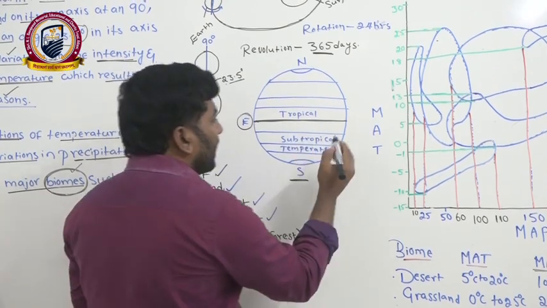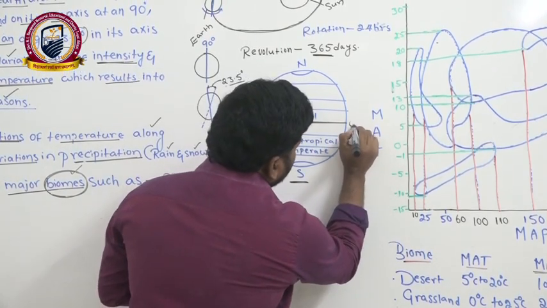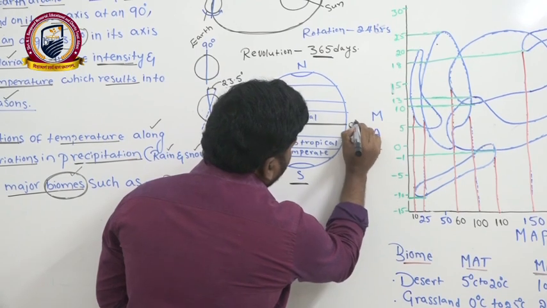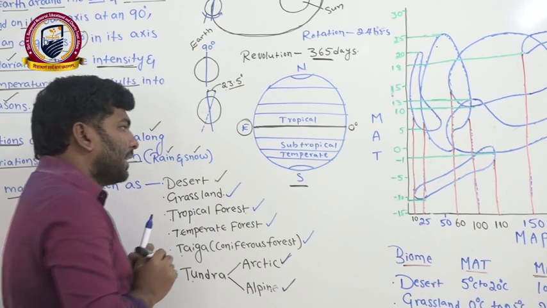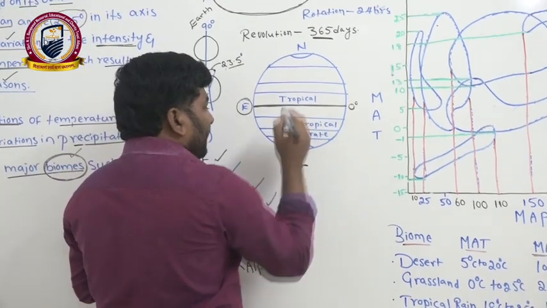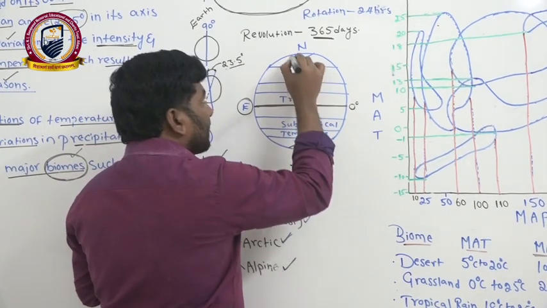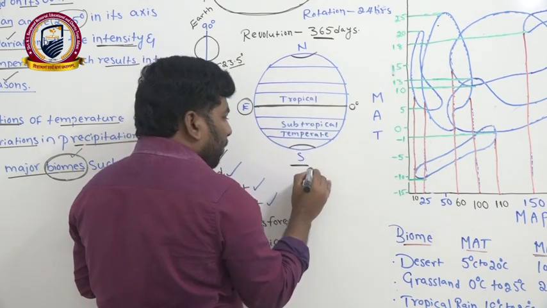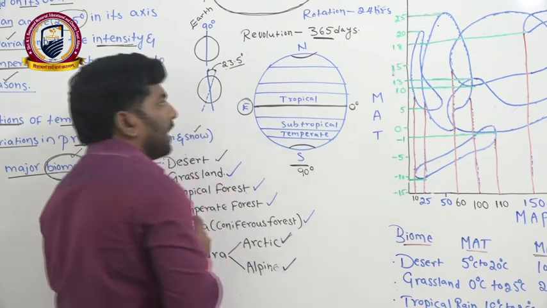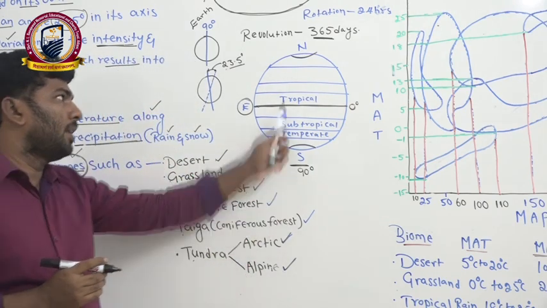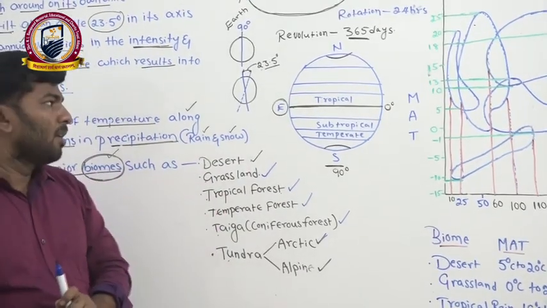Here the latitude is 0 degrees. Now we can see here, this is the south pole, this is the north pole. The latitude is 90 degrees at both the poles.